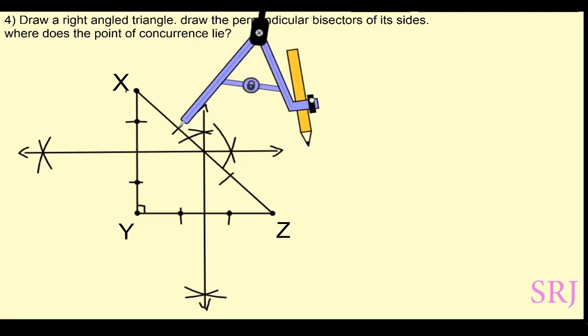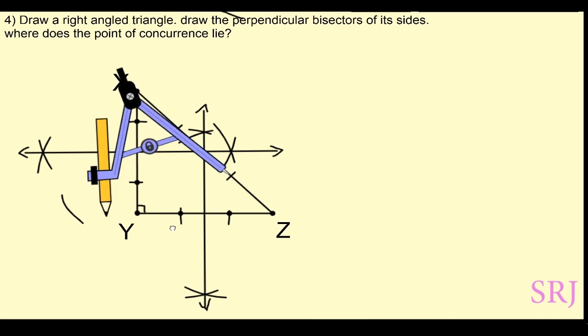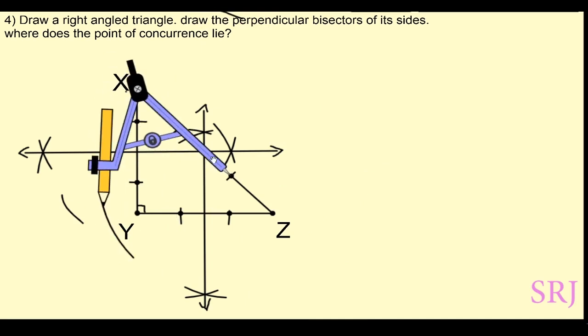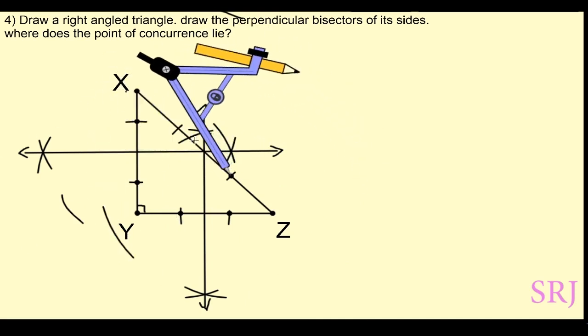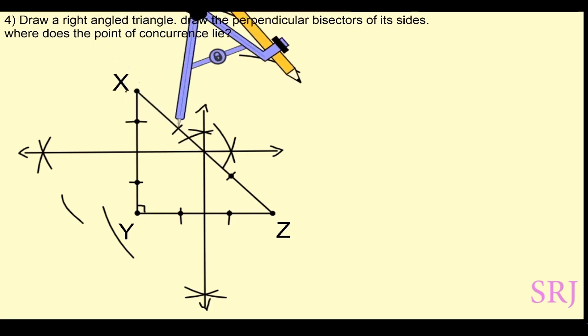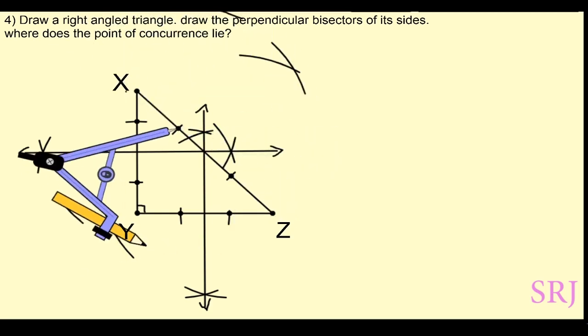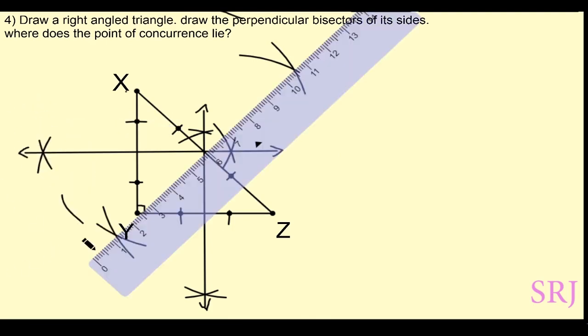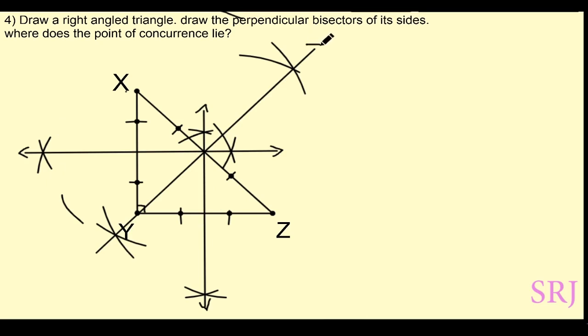Now place the compass on the drawn arcs and draw another arc, that is one above and one below line XZ. Then place the compass on the other arc and draw another intersecting arc. Draw a line to join both intersecting arcs. Draw arrows at both ends of the line.